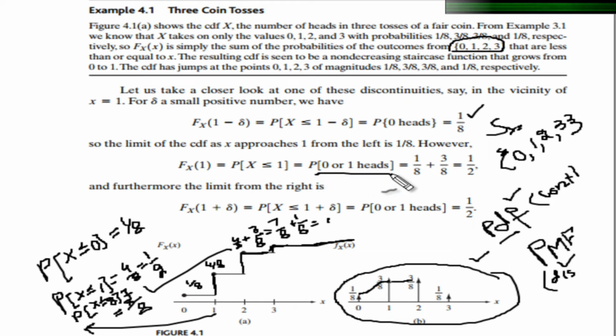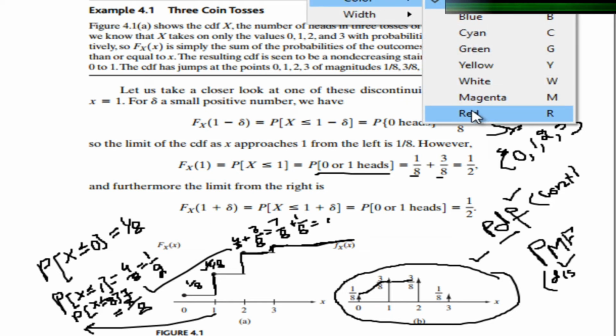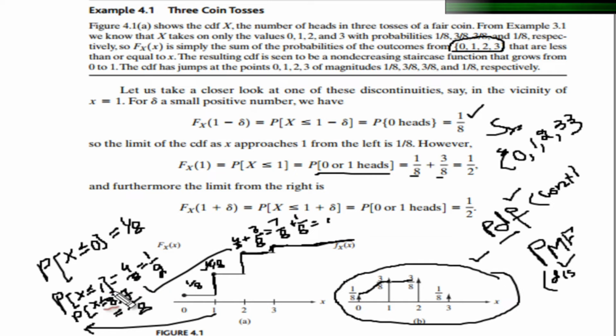It means this thing, and this will be equal to 1 by 8 plus 3 by 8. This is 1 by 2, and it is plotted here. Okay, and let me change the color of my pen now. Okay, this is plotted here now. You guys can see here. Okay, similarly here, the probability of 0 or 1 head, and so on.